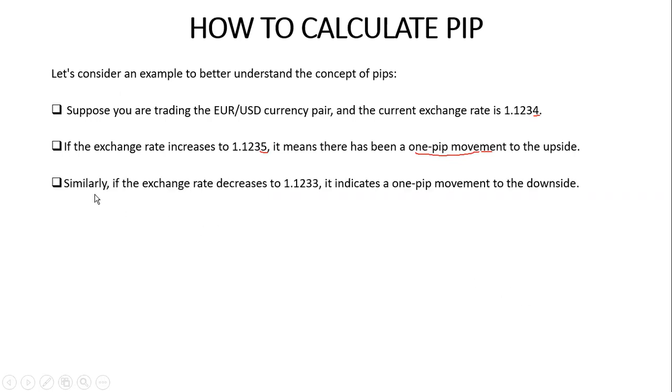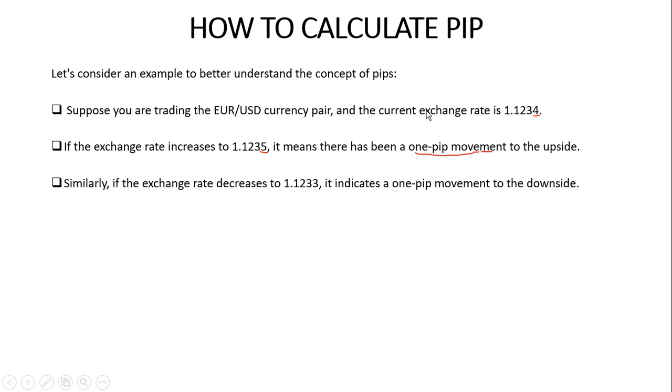Now, similarly, if the exchange rate decreases or reduces to 1.1233, it indicates 1 PIP movement to the downside.